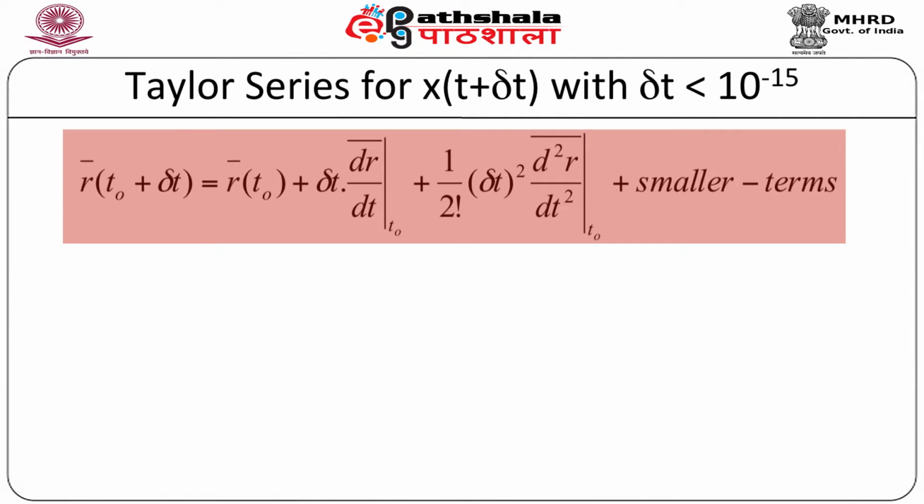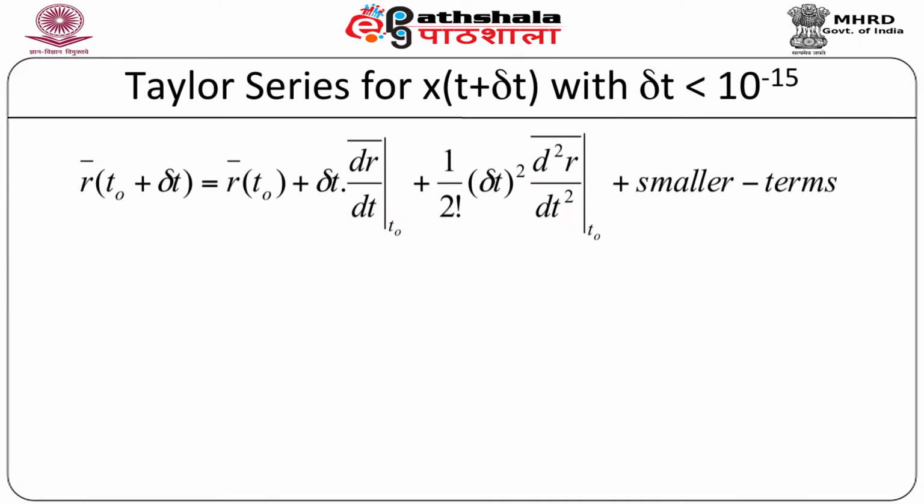Why are these smaller terms? Because these involve delta t to the power 3 or delta t to the power 4, etc. And delta t is 10 to the power minus 15. So delta t to the power 3 means 10 to the power minus 45, which is definitely a smaller term. But we need not neglect that.